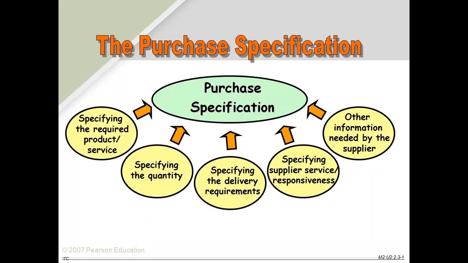Now this gives you a broad idea around the purchase specs. So the procurement specs, when we talk about them, must cover, you can see the 5 circles: specifying the required goods and service, specifying the quantity, specifying the delivery requirements, then specifying supplier service responsiveness, and lastly, other information needed by the suppliers.